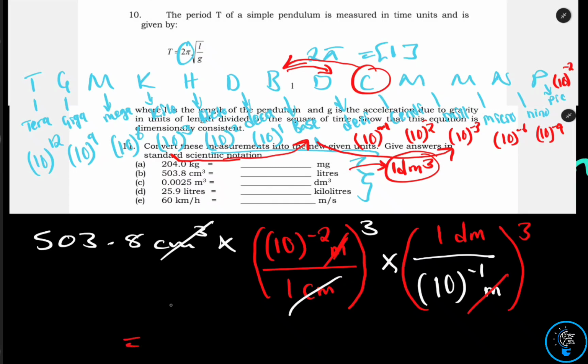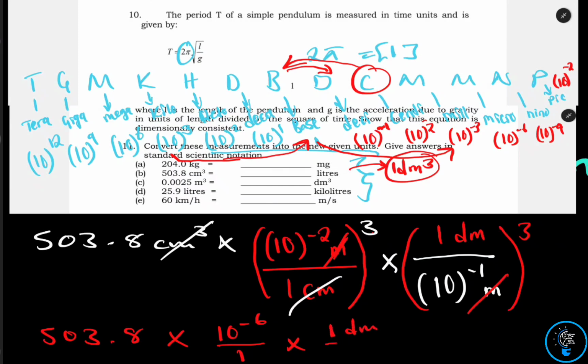So let's do it. So we are saying we have 503.8. The units have cancelled. Let's power 10 to the power negative 3. So that power times that one will be negative 6. So it will be 10 to the power negative 6 over 1 times 1 to the power 3. It's a 1.